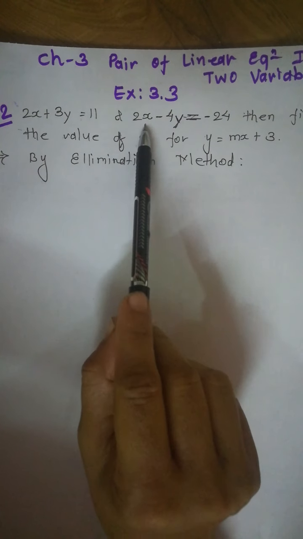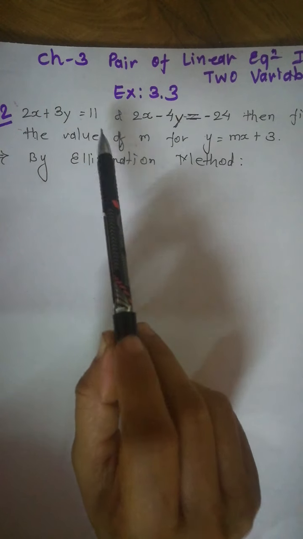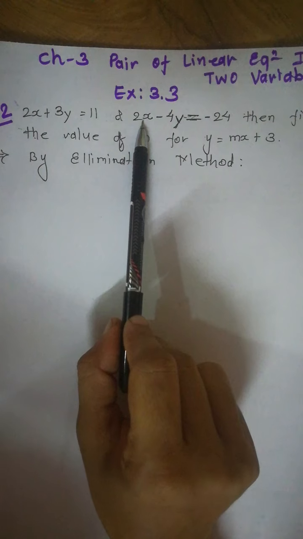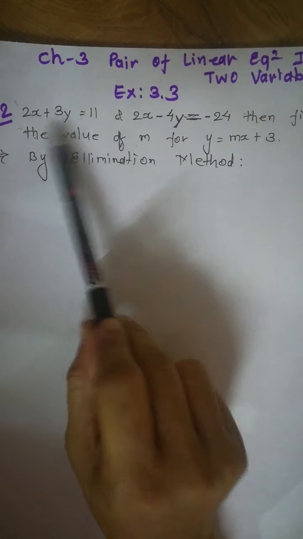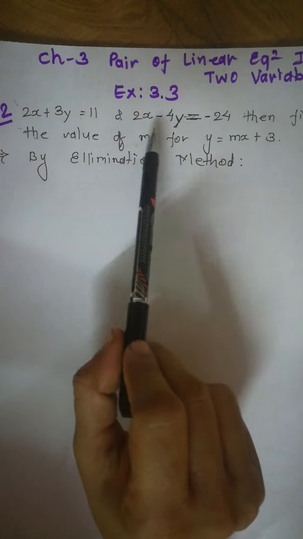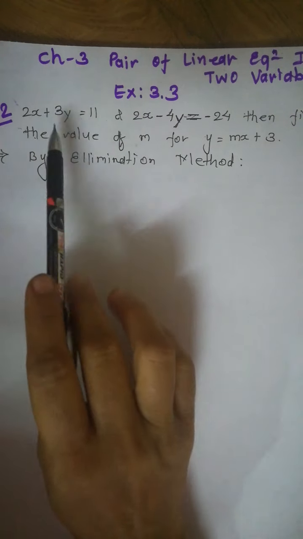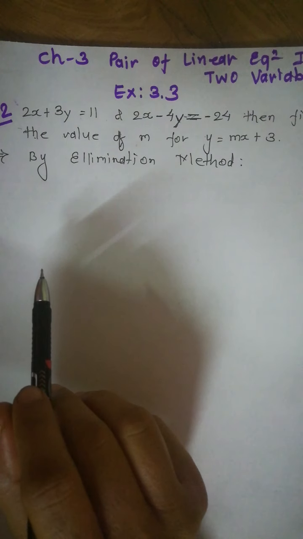If yes, then check the signs. If the same coefficients have the same sign, then reverse the sign, that means subtract them. If they have different signs, that means one is a plus and one is a minus, then just add them.